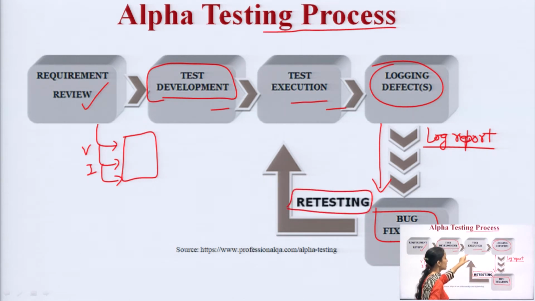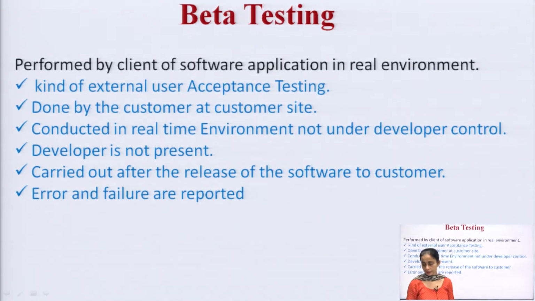That means tests are executed again for different sets of inputs to check a fresh logged report. A fresh log report is generated and then bug fixation occurs again and retesting occurs again, so that the test execution happens successfully, 100% without errors.